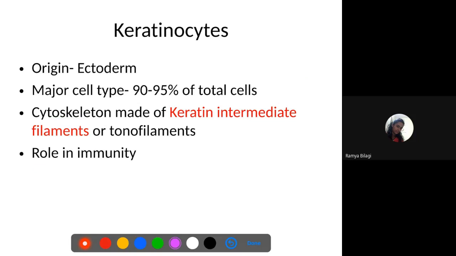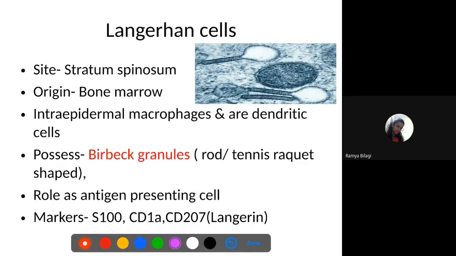Next cells are Langerhans cells. Where do we see Langerhans cells? Stratum spinosum. Important. The origin is from bone marrow. They are antigen presenting cells. Hence, they are intraepidermal macrophages and they have dendrites.